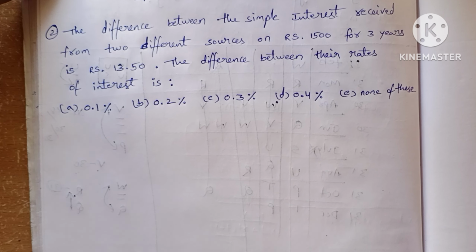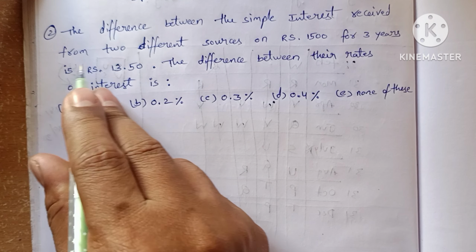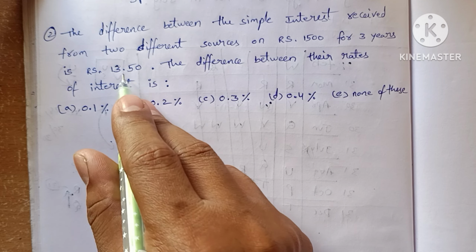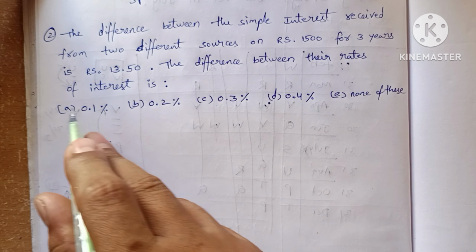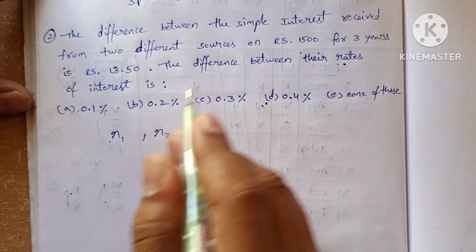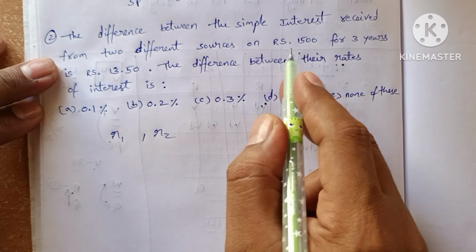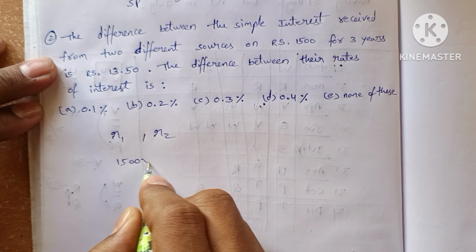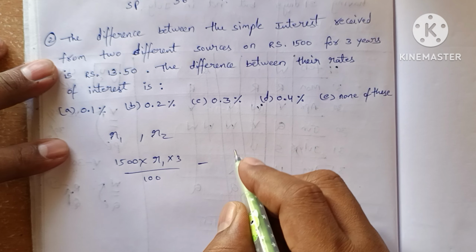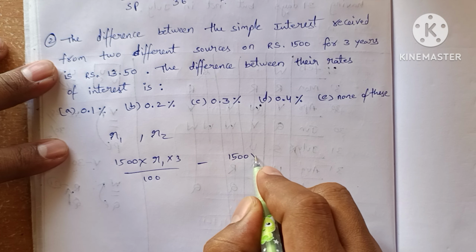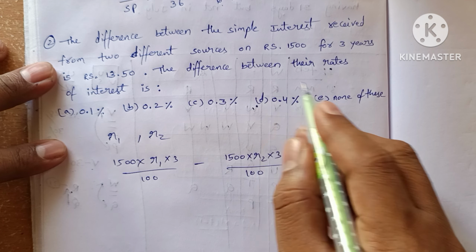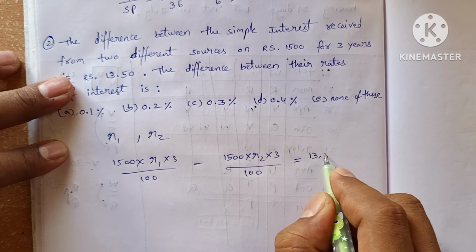Question number 2. The difference between the simple interest received from two different sources on rupees 1500 for 3 years is 13.50. Difference between the rates of interest is, okay, let the rates be R1 and R2. Interest on 1500 at R1 for 3 years minus 1500 at R2 for 3 years all equals 13.50.